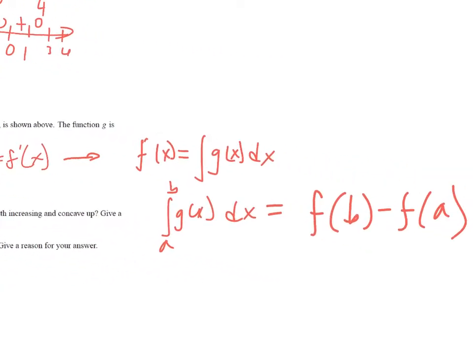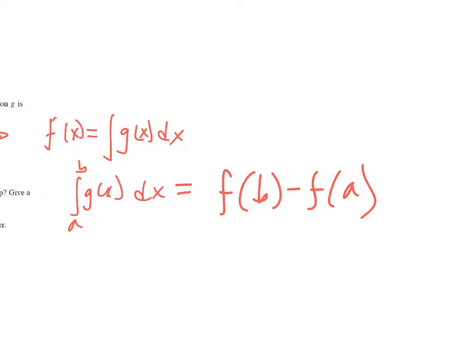So we can get that into an equation here by taking that a and that b, and we'll make that negative 5 and 1.